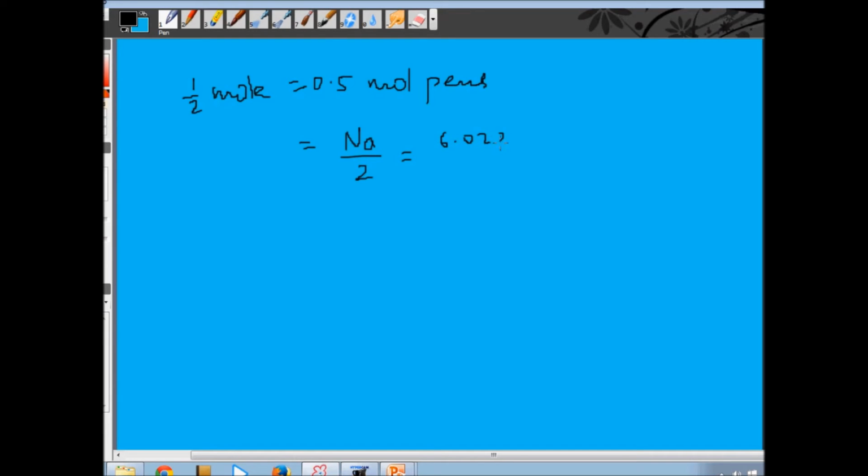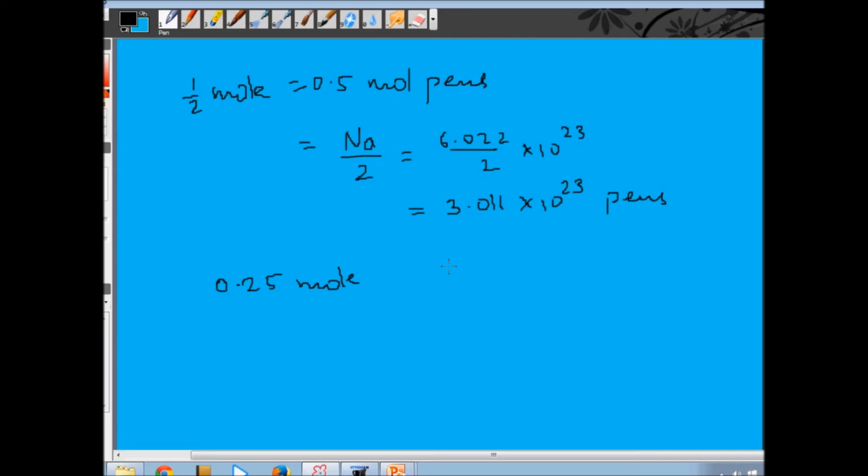That is 6.022 divided by 2 multiplied by 10 to the power 23, so that is 3.011 multiplied by 10 to the power 23 pens.